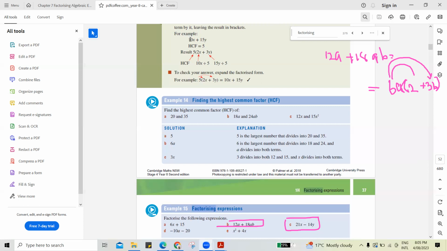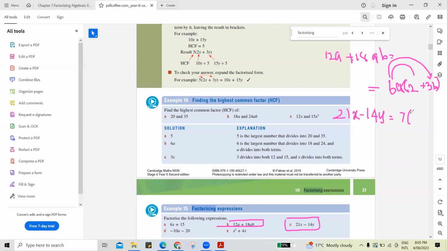21x and 14y. 21 can get divided by 7, so can 14. So you get 7. Yeah, that's right.